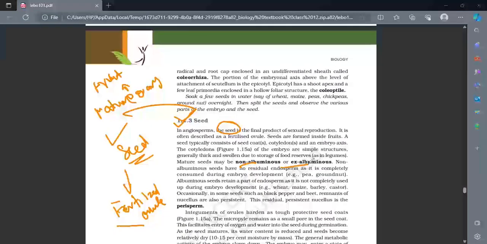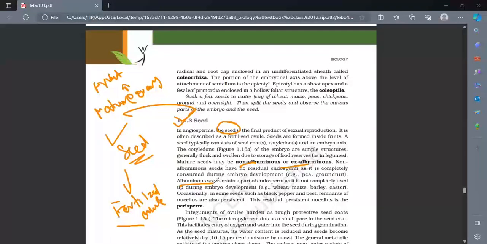This type of seed is known as an albuminous seed. So on one side, you have seeds like peas and groundnut that don't have any endosperm. On the other hand, you have seeds like wheat, maize, barley, castor, which actually have endosperm. That is how we classify albuminous and non-albuminous seeds.